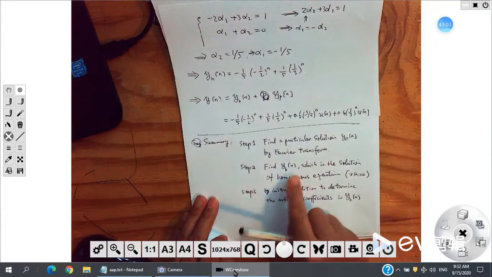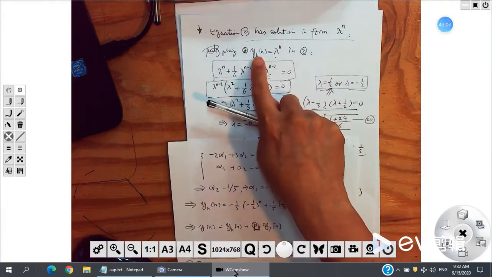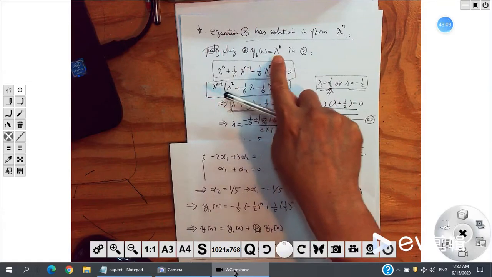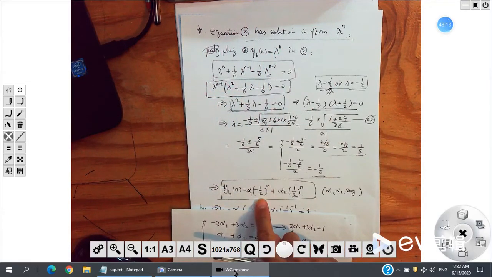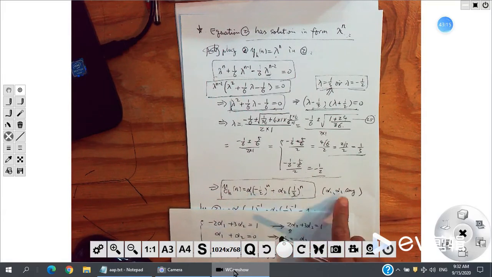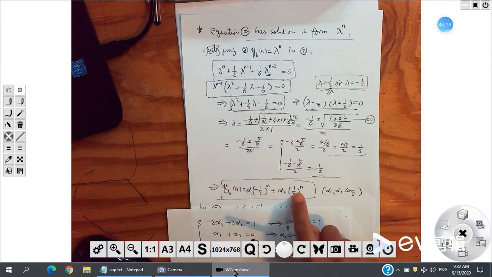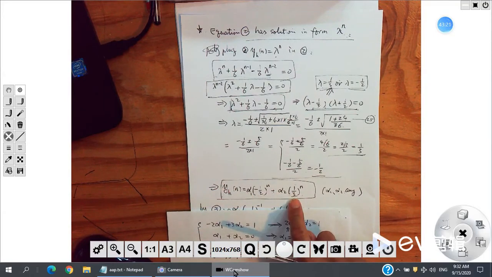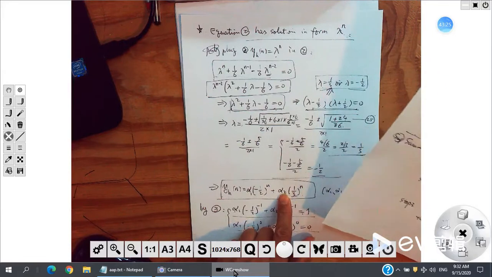So Y_H of n contains this one and a combination of it, right? So we get some arbitrary coefficients times the power of those lambda. So this is Y_H. Then these coefficients, how to determine?